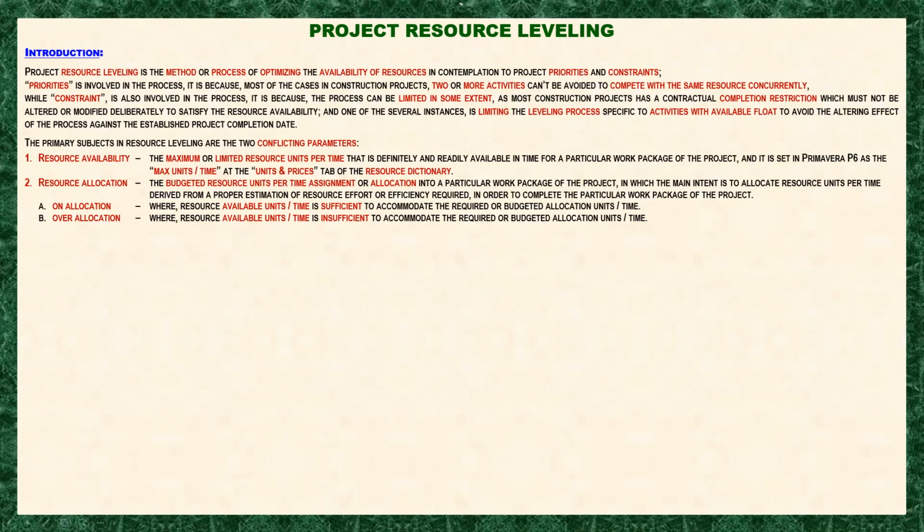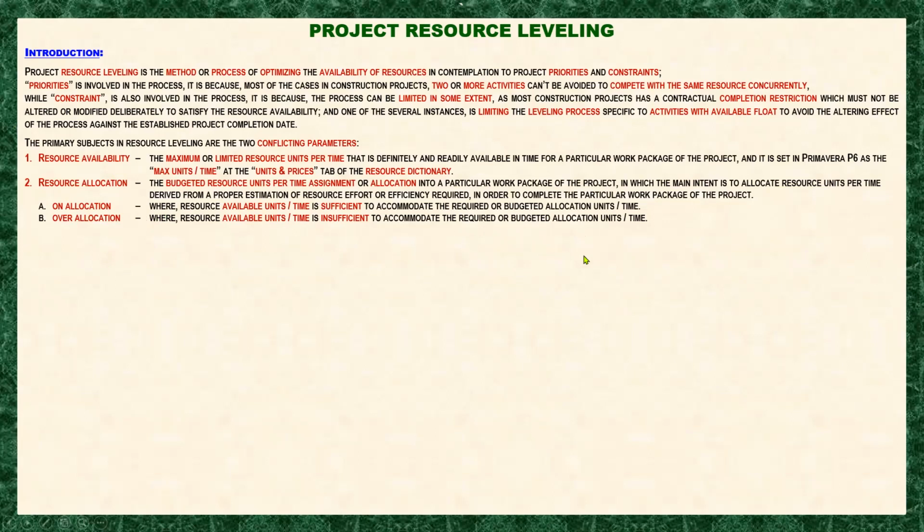Let's say, for example, you can provide 10 units per day immediately, and your calculation shows that you need budgeted allocations of 15.